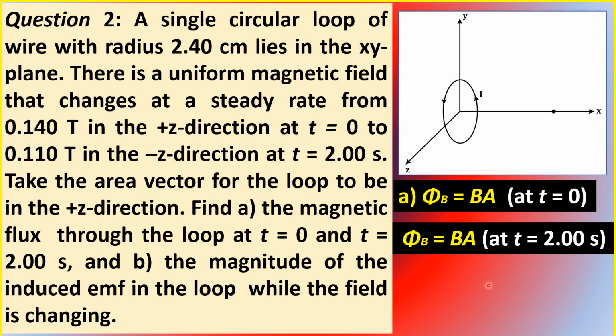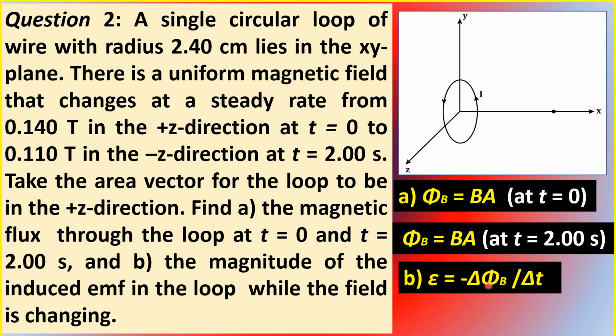For question letter B, we are asked to find the magnitude of the induced EMF in the loop while the field is changing. So from time 0 to 2 seconds, there is a steady change in the magnetic field.